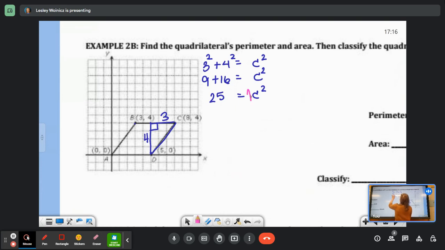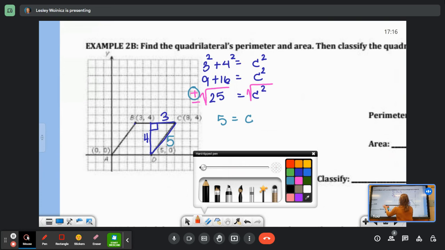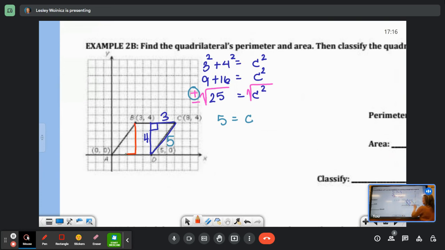We have to take the square root to undo the squaring. We have two solutions, positive and negative. We want the positive one, so 5 is our c value. If you look at the little red triangle we can make over here, it also has a leg of 3 and a leg of 4, so it has to be 5 also.